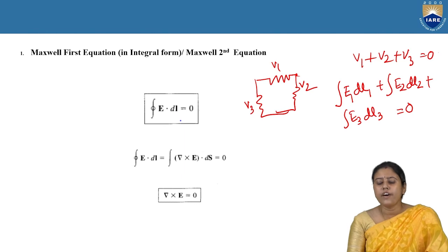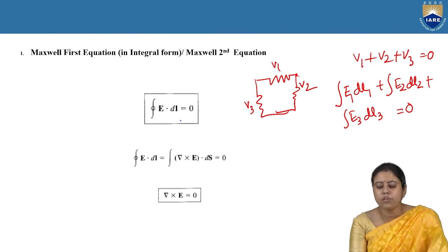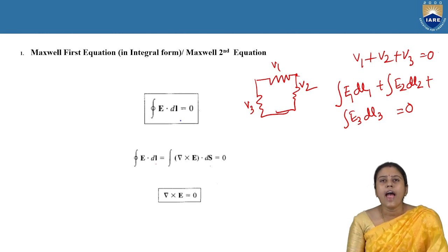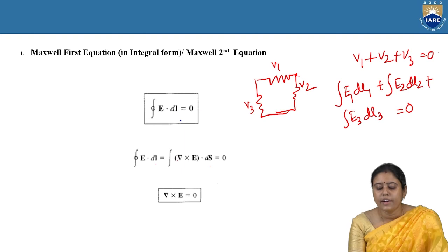So this is our first equation. Now, according to the Stokes theorem, what is the Stokes theorem? If we want to change the line integral to the surface integral, we will take the grad. And as this is the vector equation, we will take grad cross E. In this case, we will use the cross product.